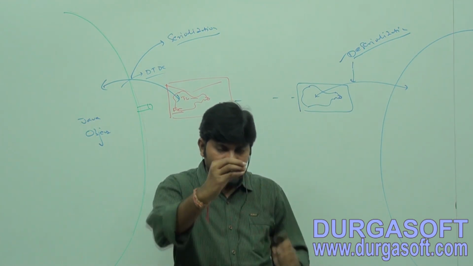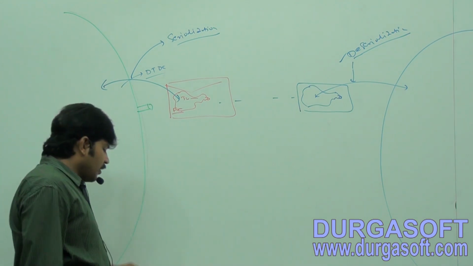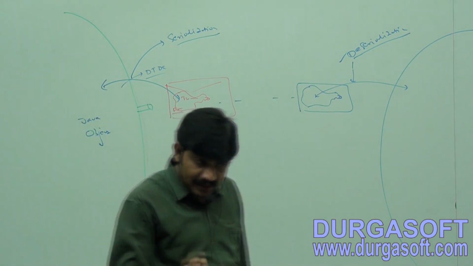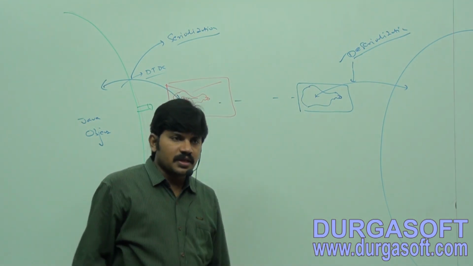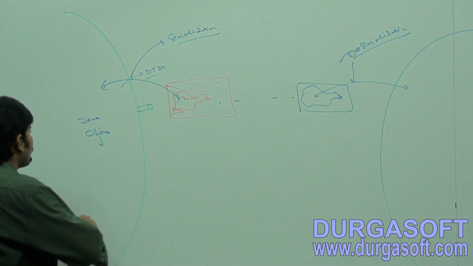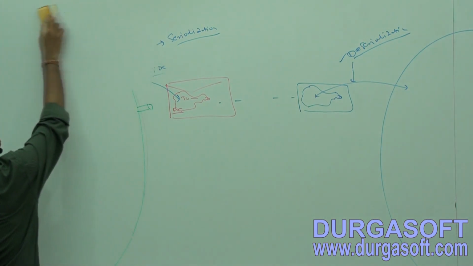Basic introduction first. Okay, add a subheading. What subheading did you take? Introduction. Under that, keep a subheading once again: Serialization.